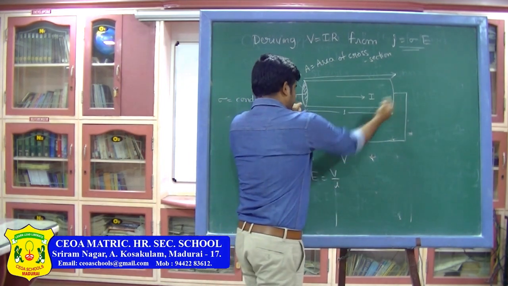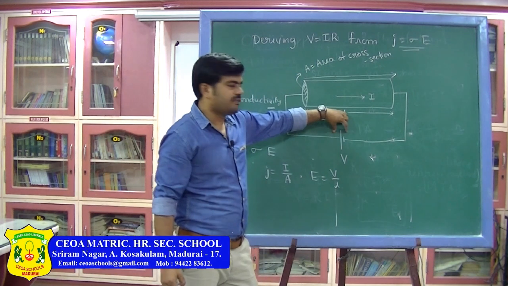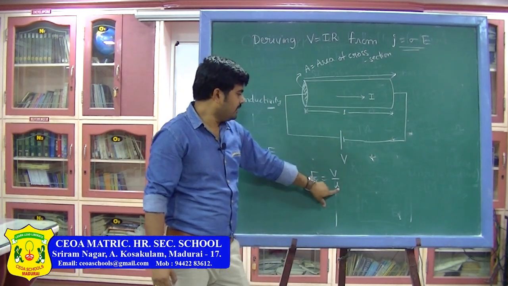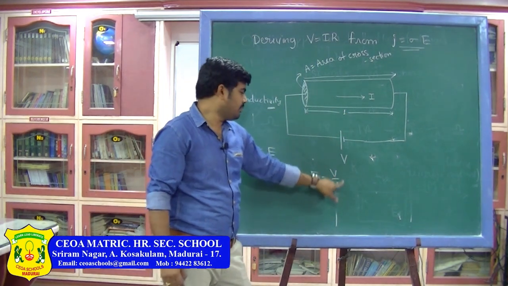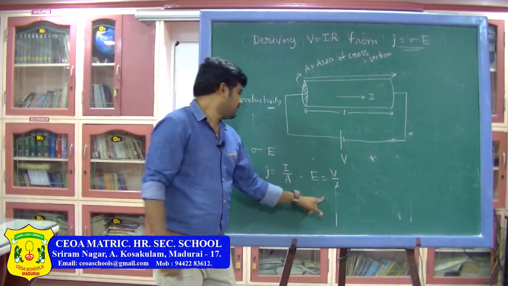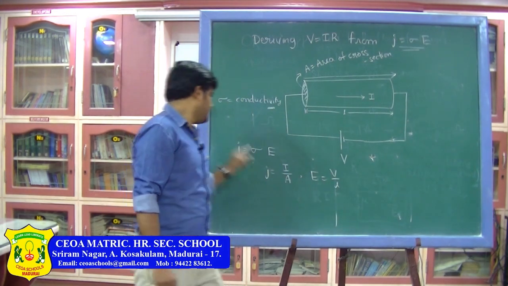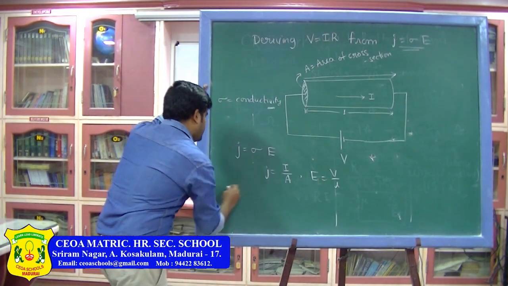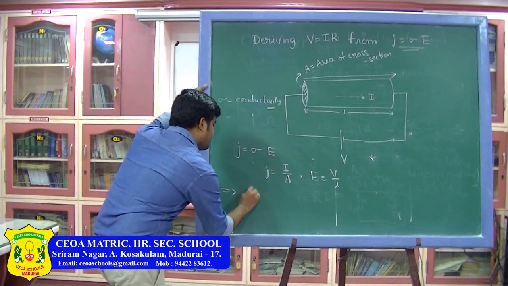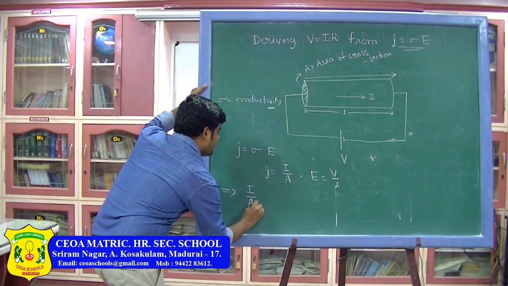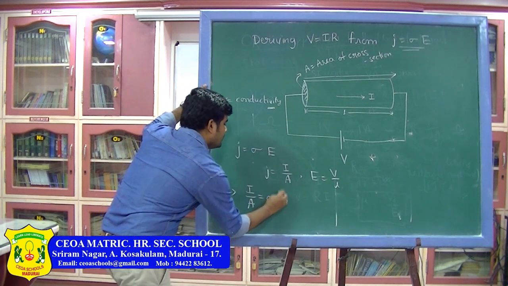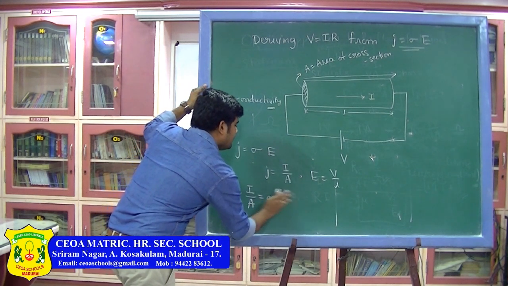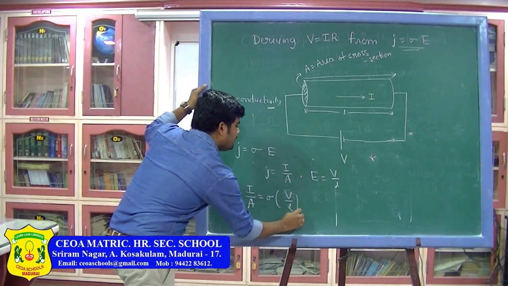Between these two ends, the electric field is given by the potential difference applied divided by the length of the conductor L. So, V by L is the electric field. Now, substituting the values of J and E, we get I by A is equal to sigma into V by L, where V is the potential difference.